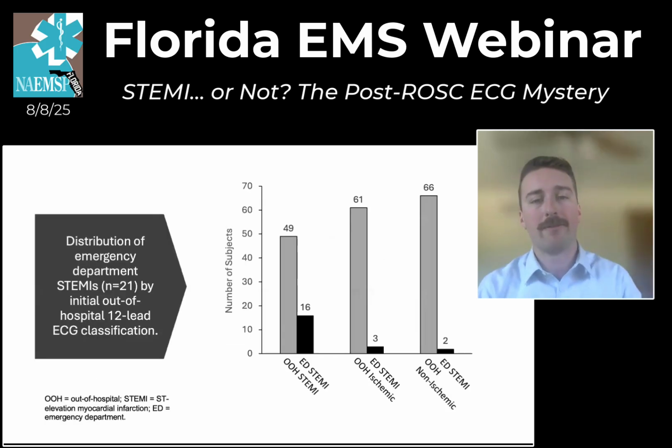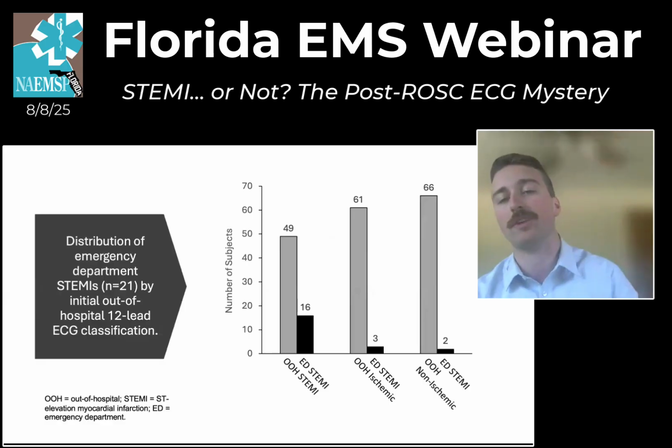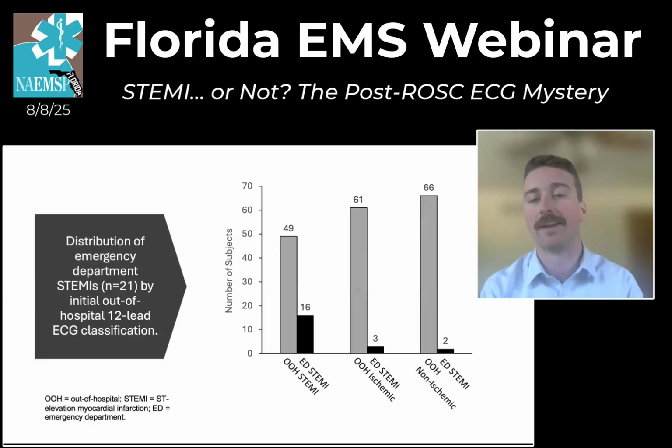Here is a graph which shows in gray the out-of-hospital ischemic classifications and the breakdown of what proportion of each of those out-of-hospital classifications had a STEMI when they got to the emergency department. So 16 of 49 patients with a STEMI in the field had a STEMI in the emergency department. 3 of 61 patients with an initial ischemic EKG in the field had a STEMI which evolved.